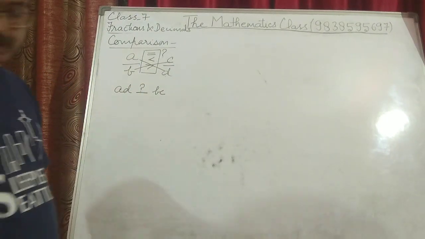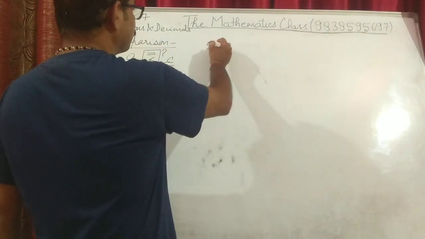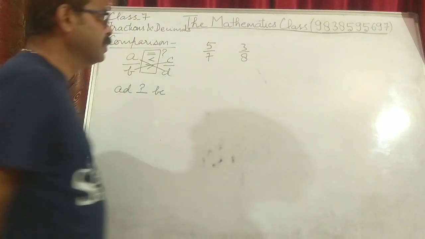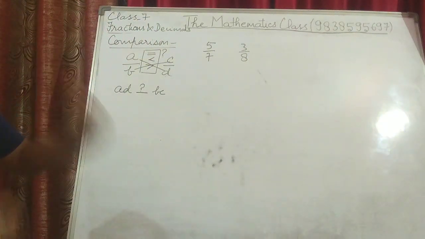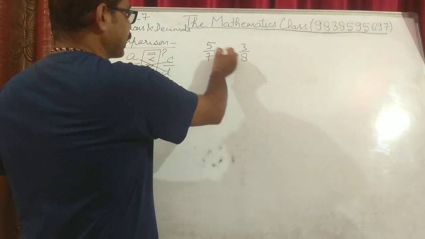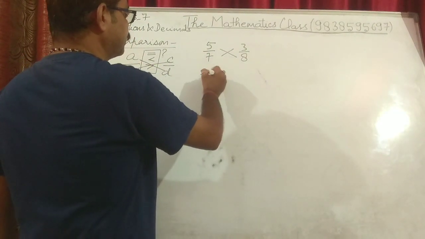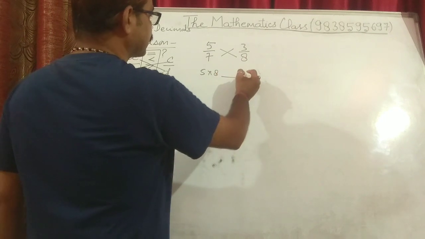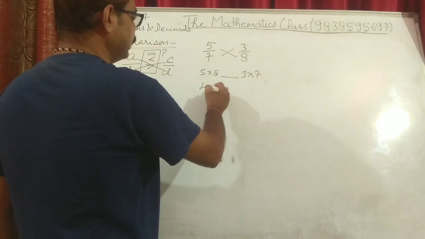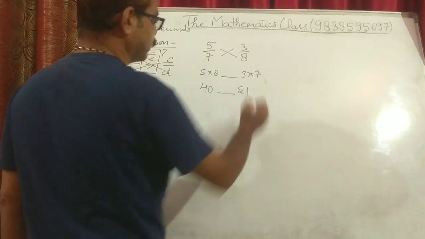Now let's take 5 upon 7 and 3 upon 8. You have to compare these two fractions. Now what we do, we cross multiply them. 5 into 8 and 3 into 7. 5 8s are 40, 7 3s are 21.